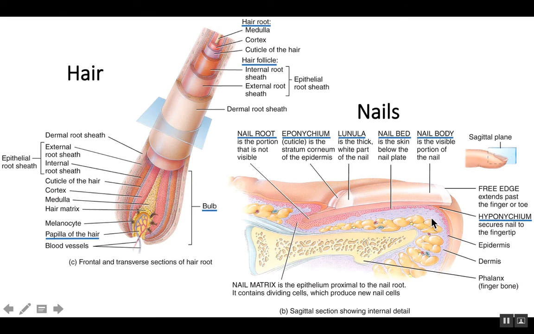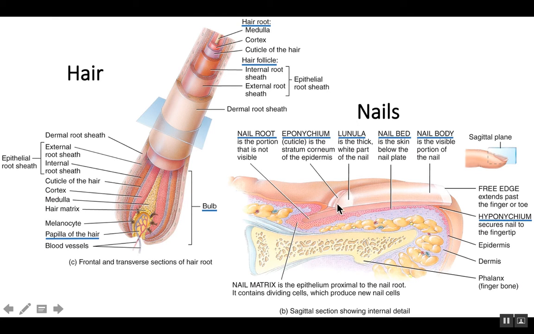Nails are used to protect the distal ends of our fingers and toes. This nail will grow down at the nail matrix, and it will be pushed out from that area. Different components of the nail root: the eponychium is this cuticle here, which is kind of a buildup of stratum corneum.